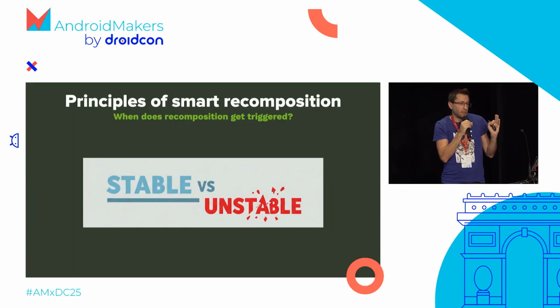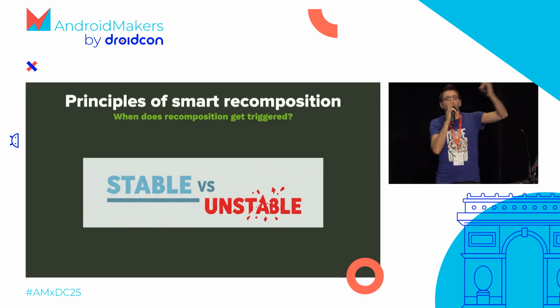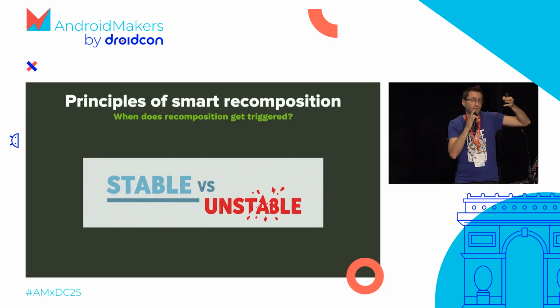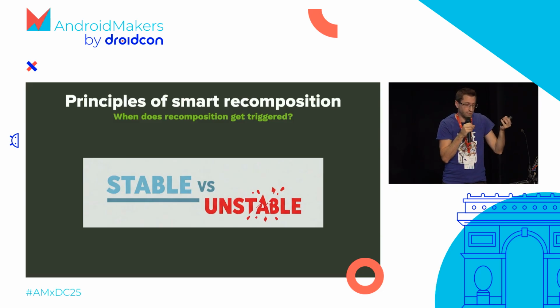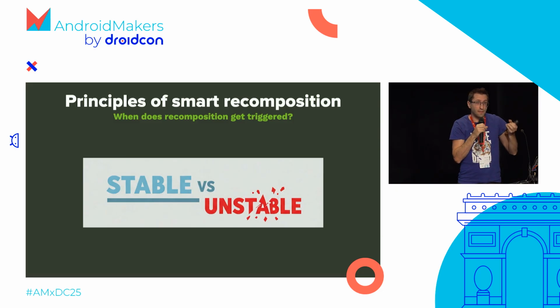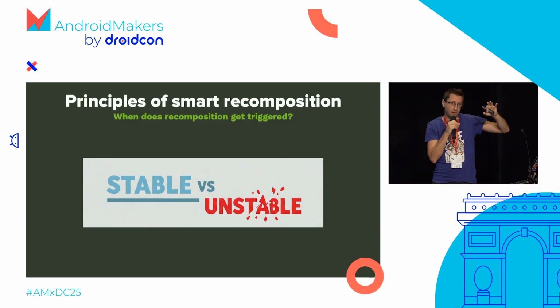In a nutshell, smart recomposition is how Compose decides if a parameter of your composable function changes. Imagine you have a composable function titled with one parameter. If Compose detects that change correctly, it will update the UI to reflect your changes, exactly what you want. And it's connected to stability, because stability is how Compose marks your compiled code.